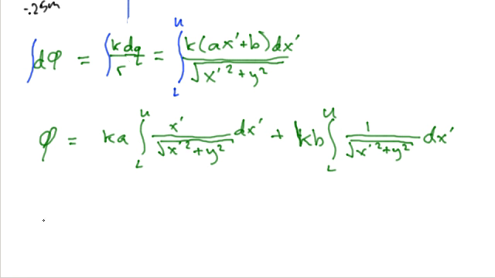Okay, these actually look like ones that you worked with on a quiz recently. Let's take a look at the formula sheet. Each one of these looks very much like a formula on the formula sheet, keeping in mind that y is our constant and x prime is the variable of integration.